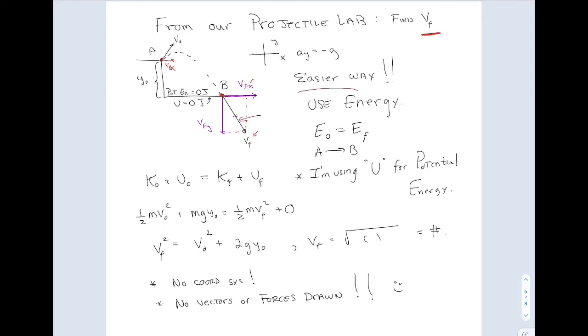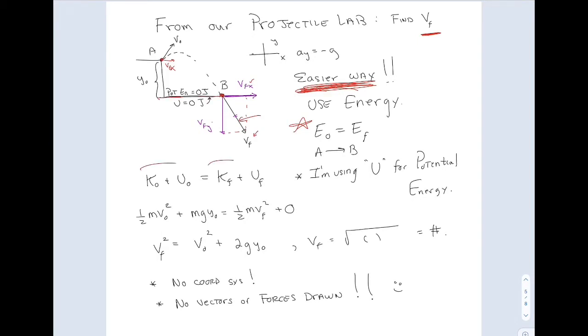There's a much easier way, and that's using the concept of energy. As the projectile flies through the air, there are no non-conservative forces that act on it, only gravity. So energy is conserved. So I'm going to write E initial equals E final from A to B. And my potential energy is 0 on the floor.